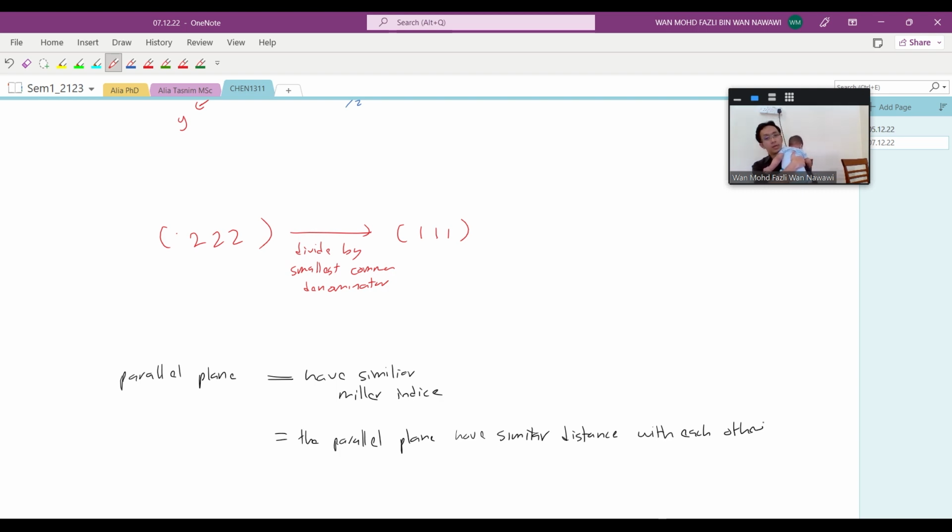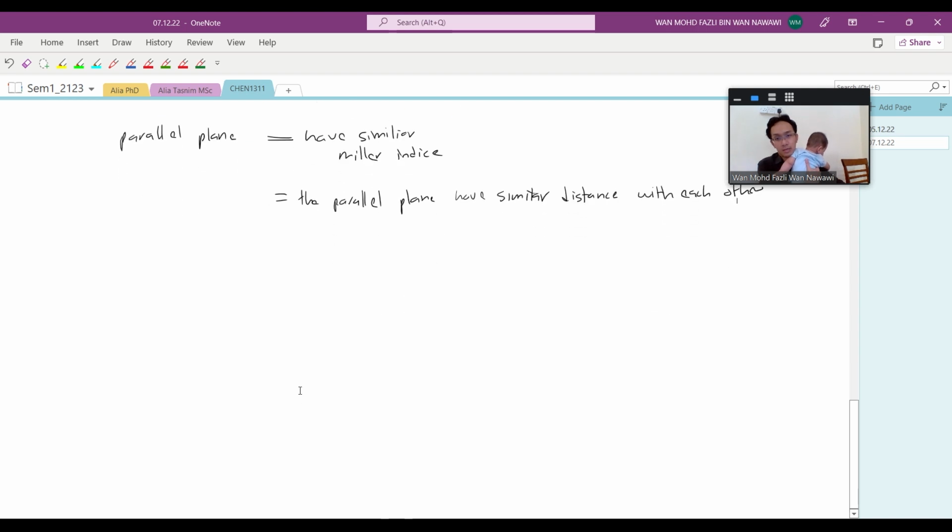Now you might ask why we should learn about this plane at all. What is the purpose of learning the parallel plane and this stuff? The reason this is important is, do you remember when you did the assignment for XRD, I asked you to give some examples of the XRD pattern.